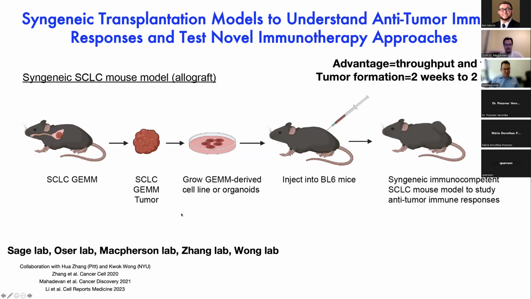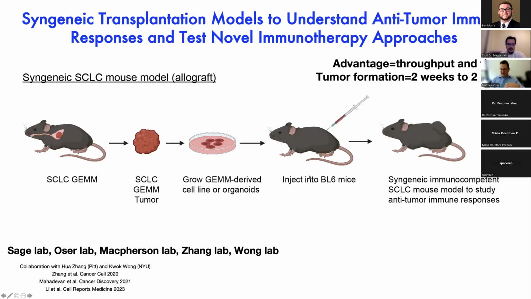We first started working on this in collaboration with Hua Zhang and Kwok Wong when we were first developing this model. The idea from most of these labs is the same: you isolate tumor cells from a pure background, most often Black 6 mice, but it has to be a pure background mouse, and make either a GEM-derived cell line or an organoid.